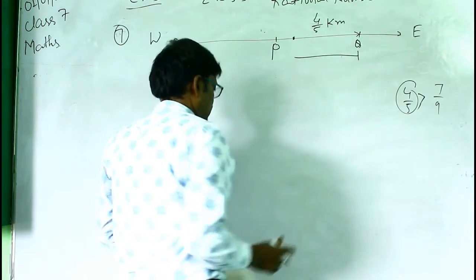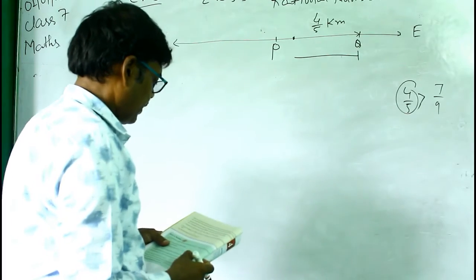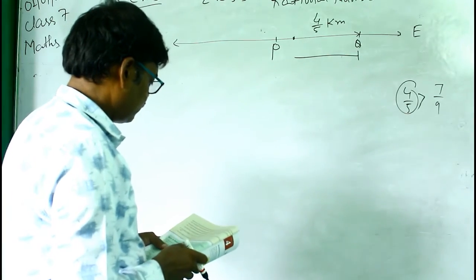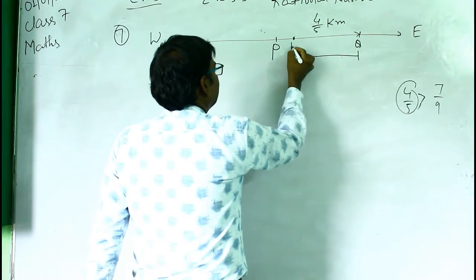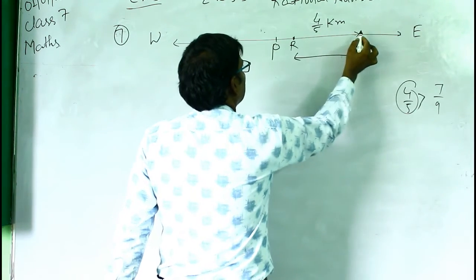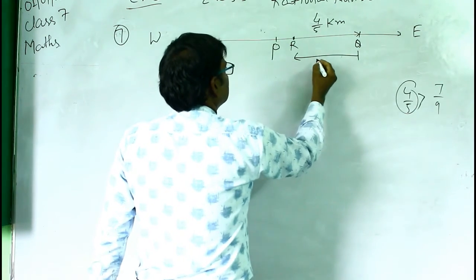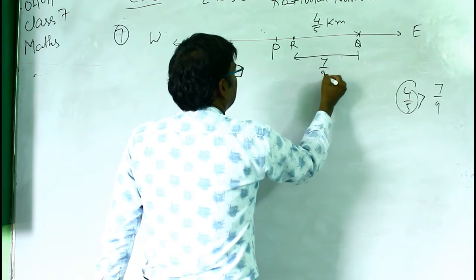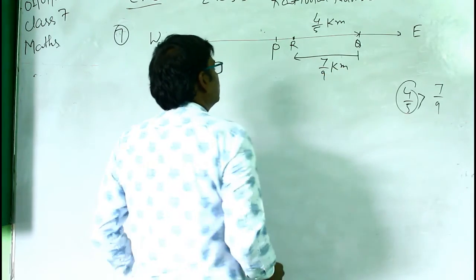That is the PQ, and towards this is the point R. So he moved from point P to Q and again from Q to R, and this distance is 7/9 kilometer.